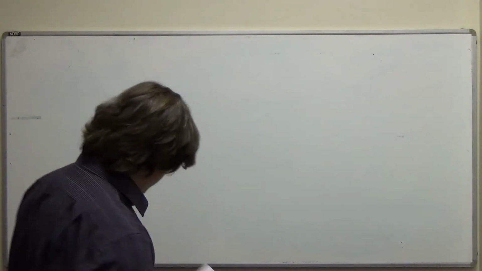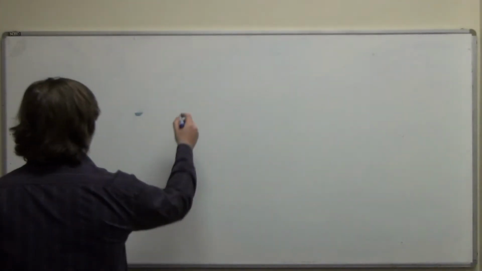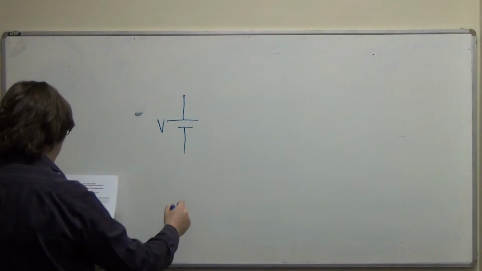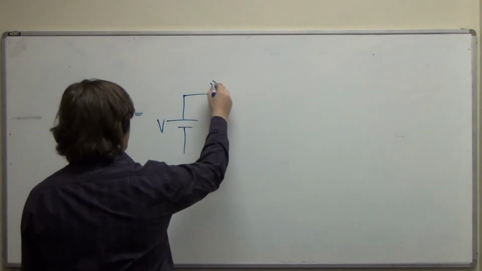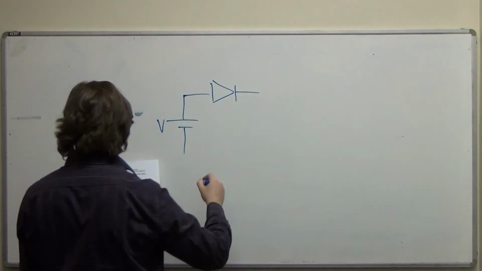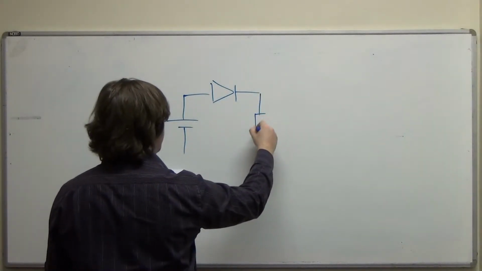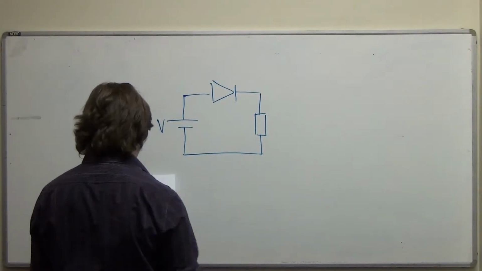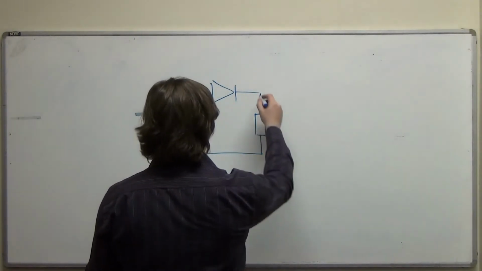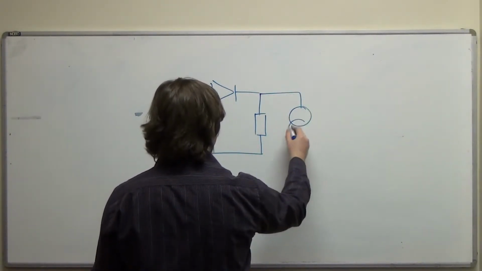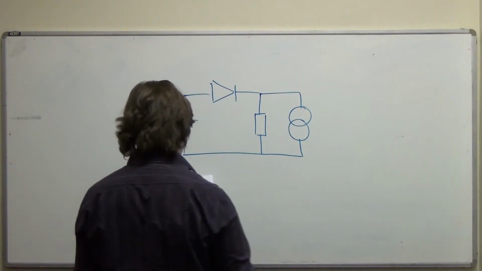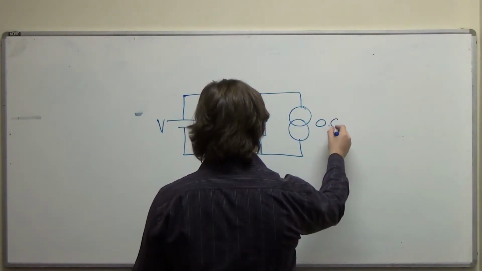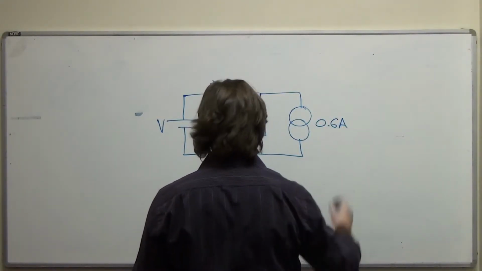So we'll do F. And F is a voltage source of unknown voltage with the diode in series and with a resistor to ground, and then a current source in parallel with the resistor. And the current we know is 0.6 amps.